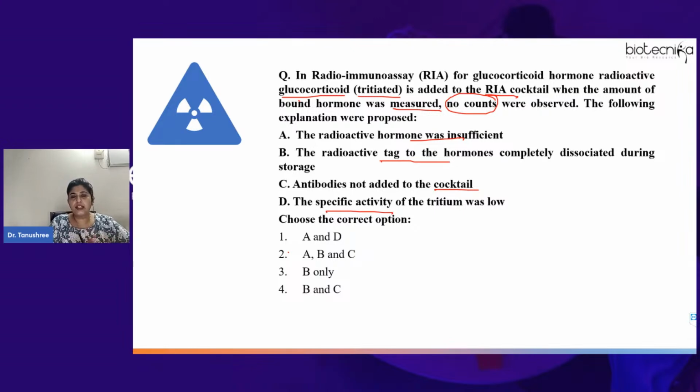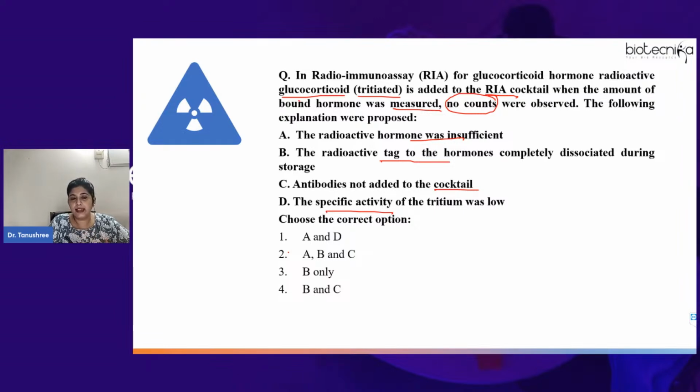So you can see, although this question is about the radioimmunoassay technique, the question asked is about why no counts were observed. So what do you think? What could be the reason? If anybody has experience of wet lab, they can better relate to it.